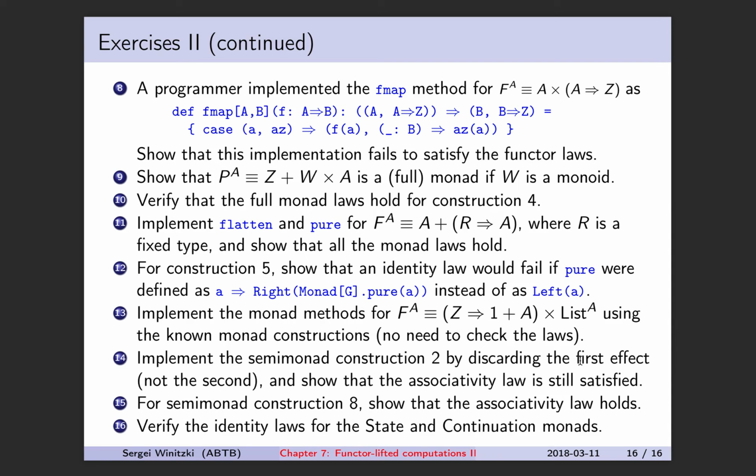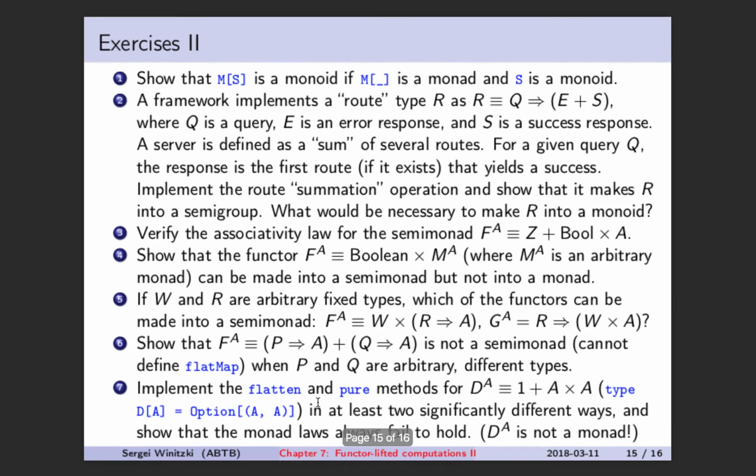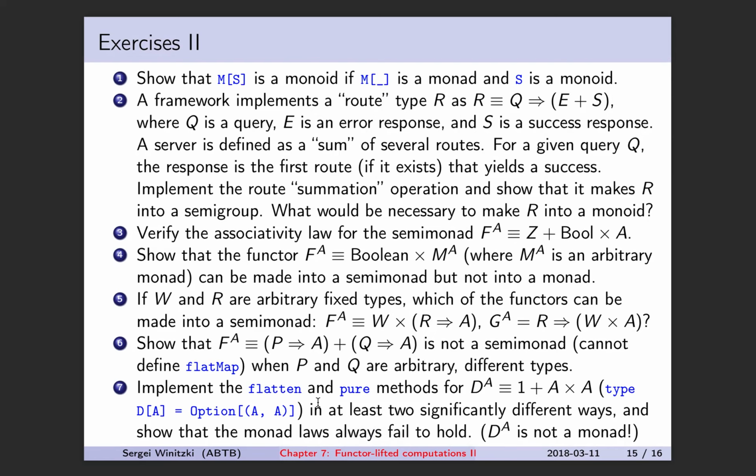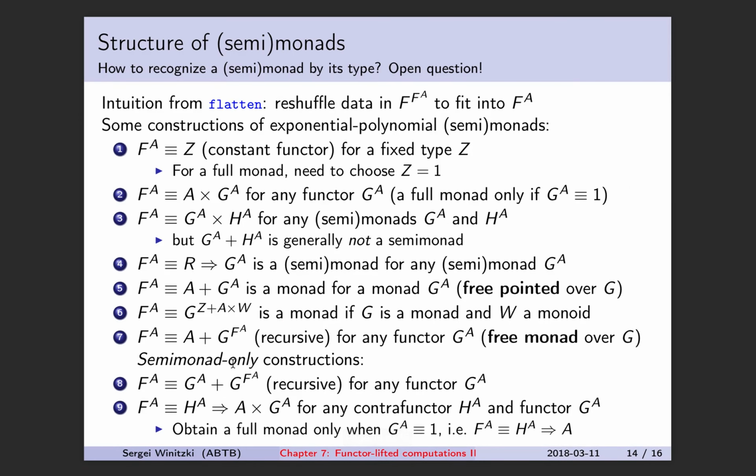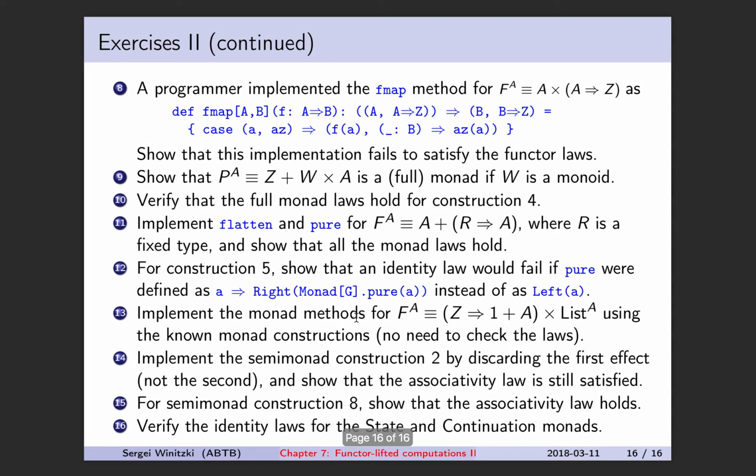And it's still a semimonad, so you should show that associativity is still satisfied. For construction 8, in the next exercise, I did not show that associativity holds. I just showed that it cannot be a monad, but I did not show that it cannot be a full monad, so it's still a semi-monad only. I did not show associativity, so you should show it in this exercise.